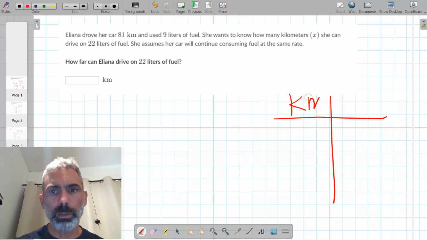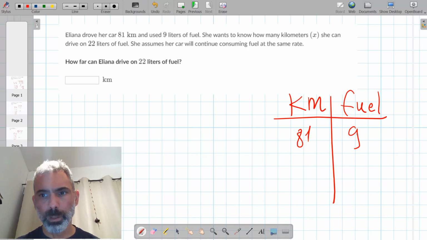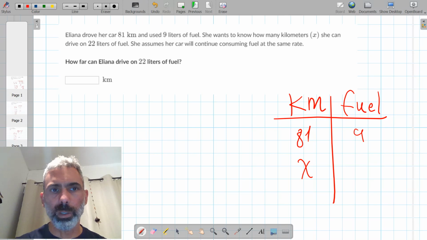So kilometers and fuel. She drove 81 kilometers and used 9 liters of fuel. She wants to know how many kilometers X she can drive on 22 liters of fuel. She assumes her car will continue consuming fuel at the same rate.